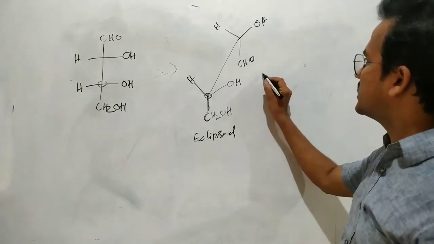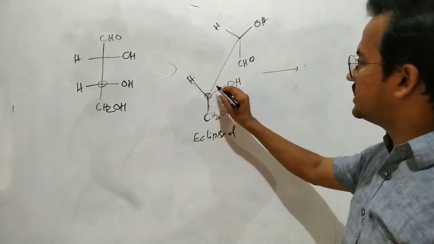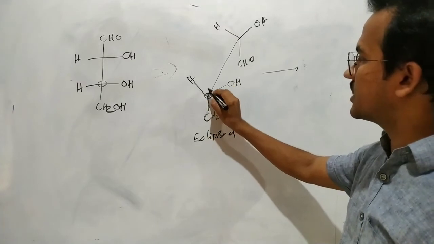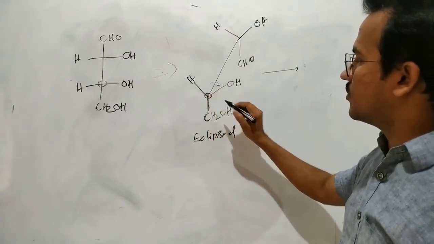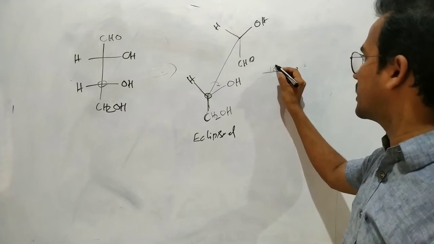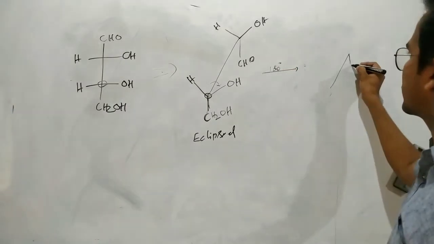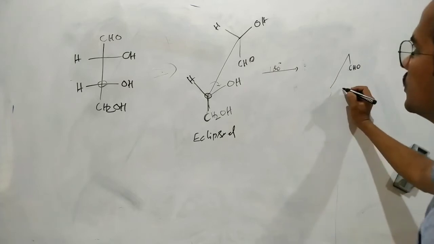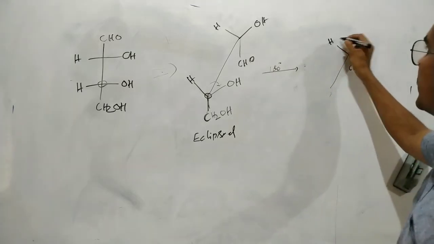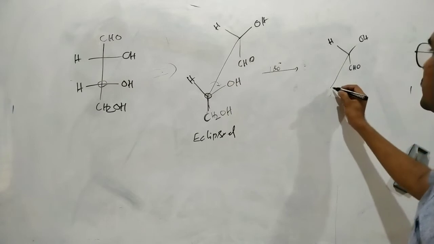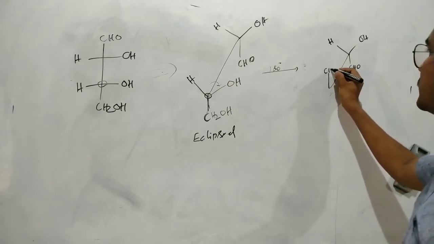Suppose we rotate this one by 180 degrees. Then it becomes like this: the CHO, here hydrogen, this is the OH, and here CH2OH.